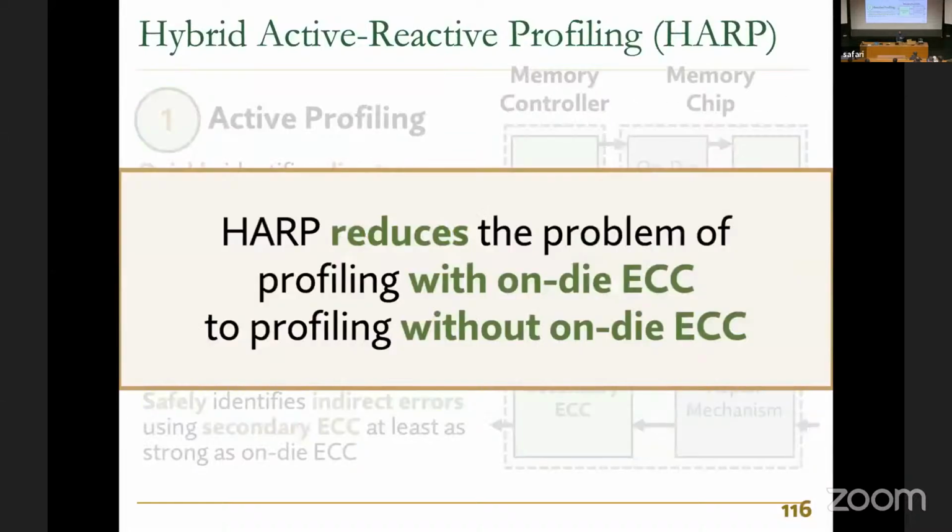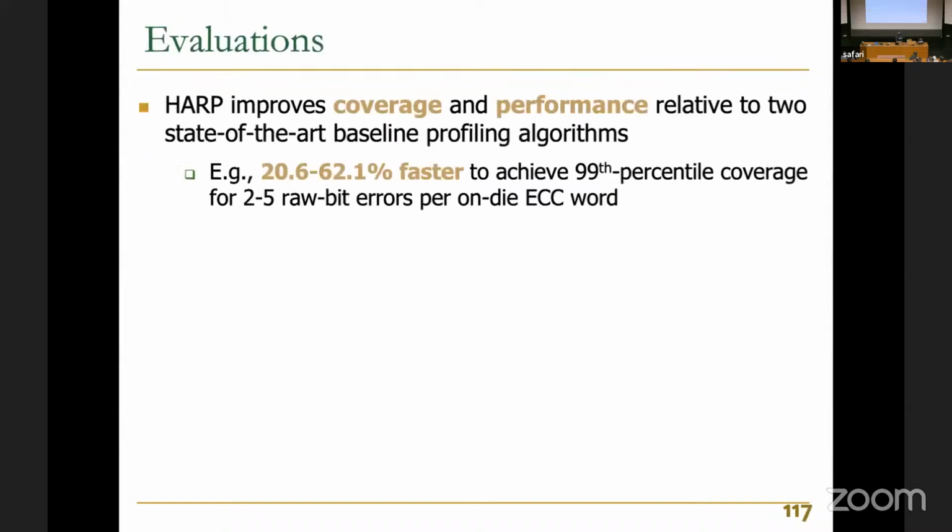And by doing that, you can decouple these, and you reduce the problem of profiling with on-die ECC to profiling without on-die ECC. So by following this methodology, you can observe bit flips as they appear in the circuitry, or you can reconstruct the original bit error distribution inside the DRAM chip.